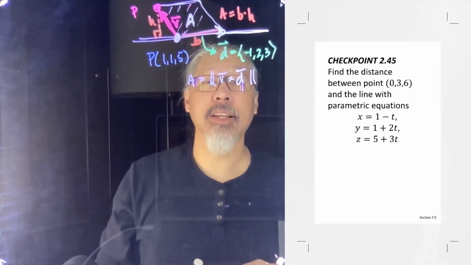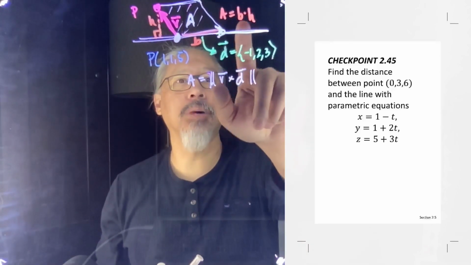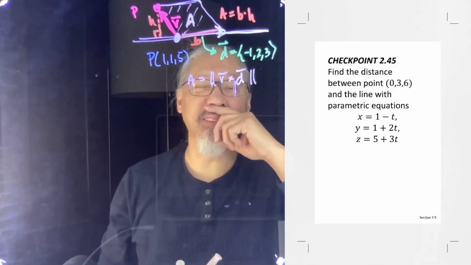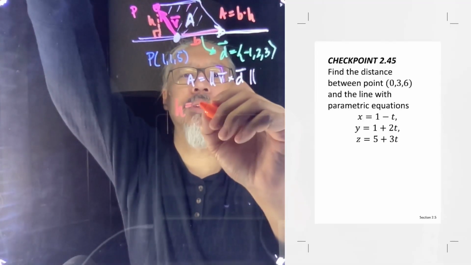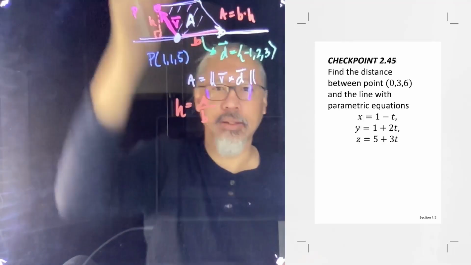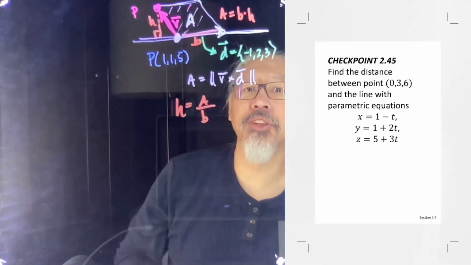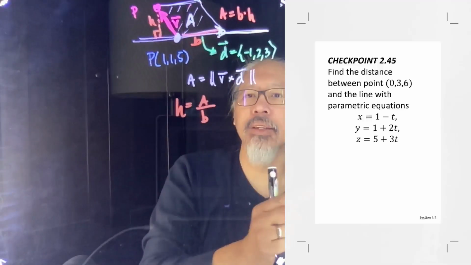And the height is exactly what we're looking for. So if we take this area, base times height, and divide by the base, we're going to get the height by itself. Height is equal to the area divided by the base. But what is the base? The base is d. And what is the area?